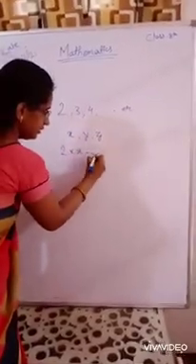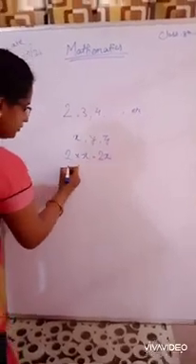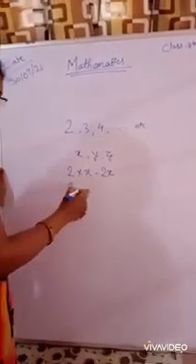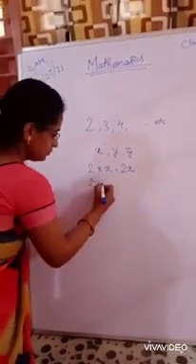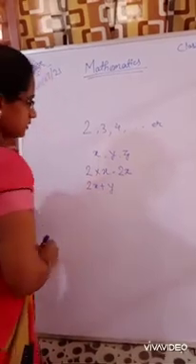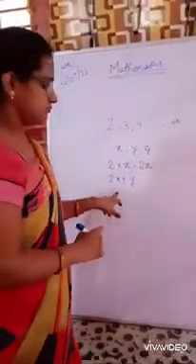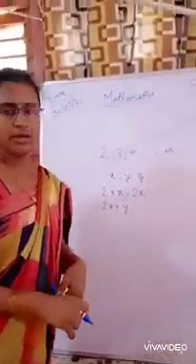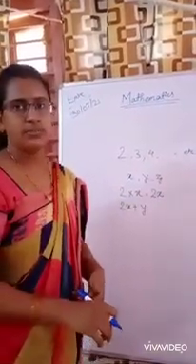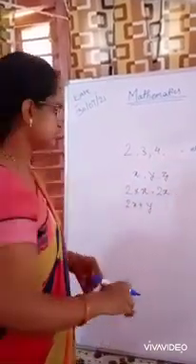It is written as 2x. Now if you want to add some variables, it is written as 2x plus y. And if you want to subtract from 2x plus y, what is written?